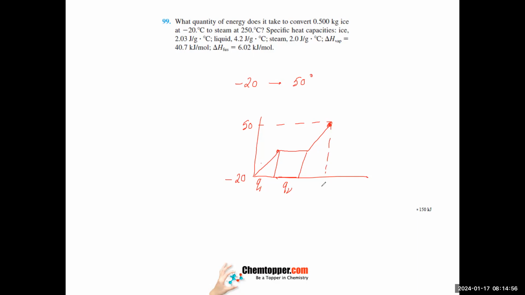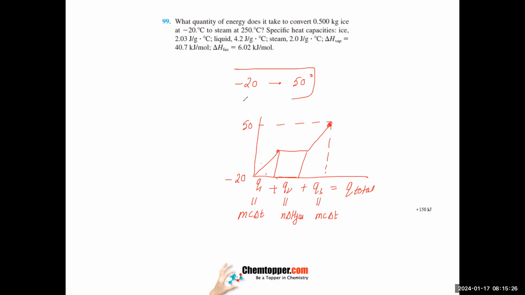And this is Q3. Just add them to get Q total. Q1 is mc delta T. Q2 is n delta H of fusion. Q3 is mc delta T. So they may ask a question like this. Or they can put the question like this also. See here.